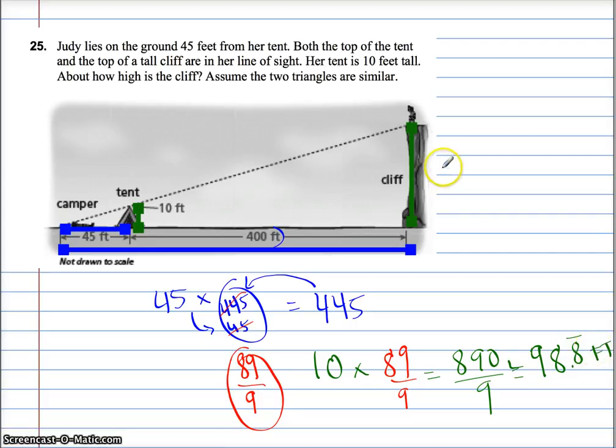So this cliff is 98.8 feet tall. So that's how tall our cliff is.